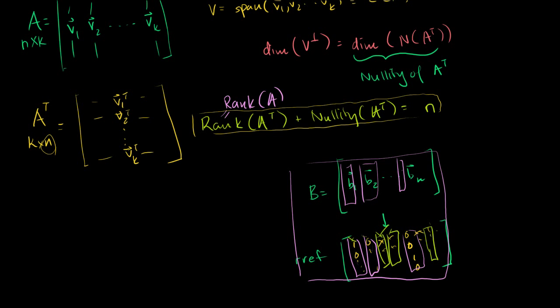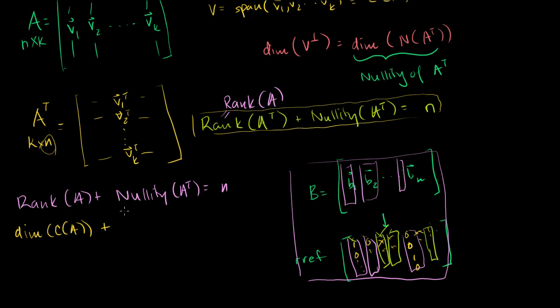So we can rewrite this statement right here as the rank of A plus the nullity of A transpose is equal to n. And the rank of A is the same thing as the dimension of the column space of A. And then the nullity of A transpose is the dimension of the null space of A transpose. That's just the definition of nullity. They're going to be equal to n.